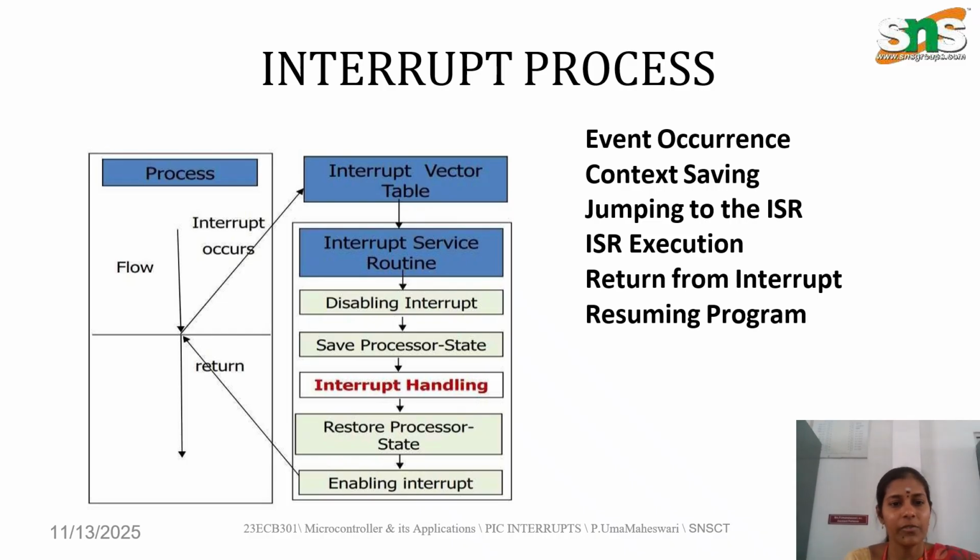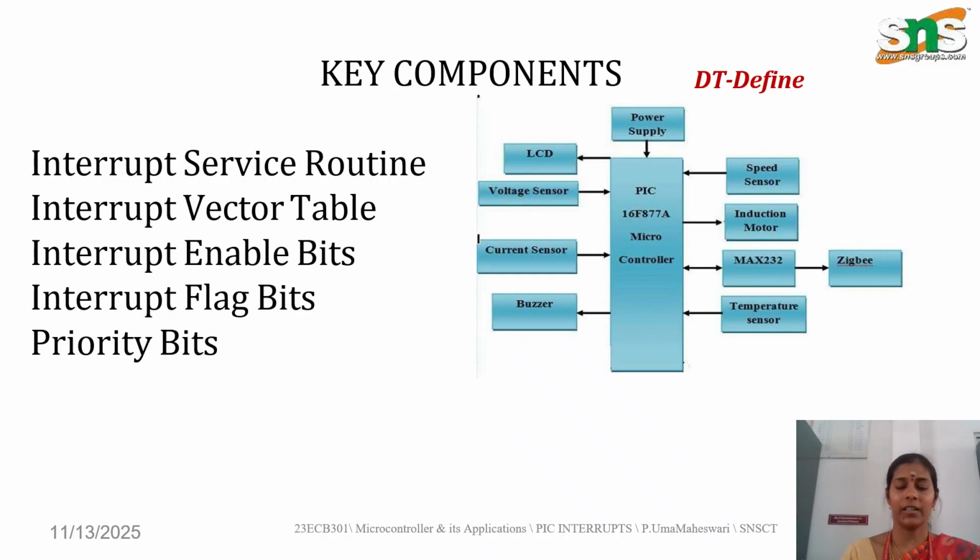Once the ISR's process is over, it should disable the interrupt and save the processor state, then the interrupt handling part executes, and from there it restores the processor state and enables the interrupt. These are all the steps to handle the interrupt.